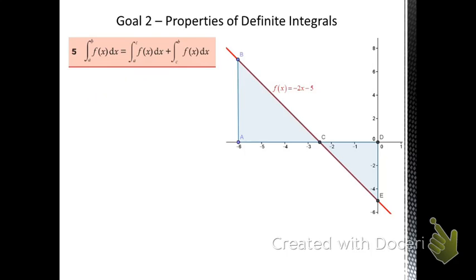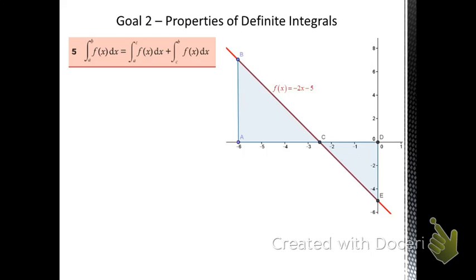Okay, and here's where we use this. We actually used it a couple times in the previous video. You see with this picture where we had part of a function that was above the x-axis, part of it was below, and we were trying to find the area under the curve. Well, instead of finding the integral from -6 to 0, we could have found the integral from -6 to -2.5, and then the integral from -2.5 to 0, added those together, and it would have given us the same thing.